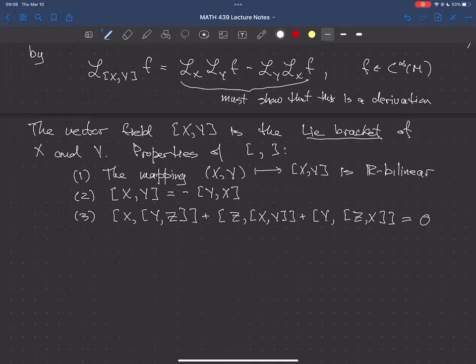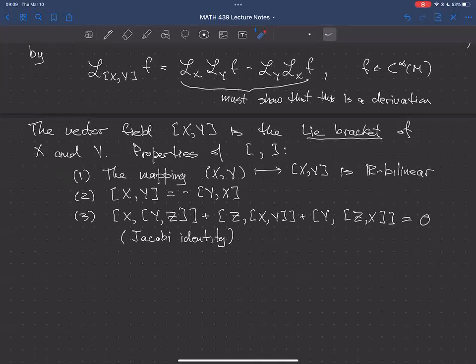You can verify this. This identity is what's called the Jacobi identity. It's important, but for reasons which we will not see in this class. Something having these properties is what's called a Lie algebra.